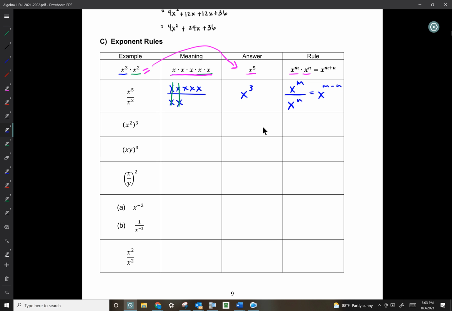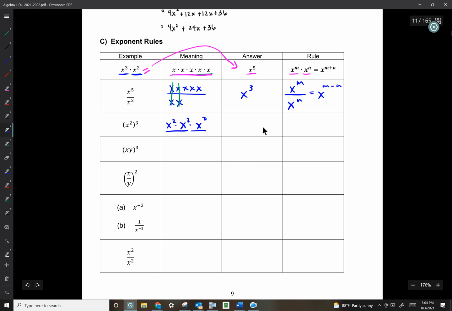The next one, so I have an x squared and that's being cubed. Well, if I'm cubing an x squared, that means multiply x squared times itself 3 times. According to what we learned in the first example, whenever you multiply the same base, you add your exponents. So if I multiply those and add my exponents, I'm going to get x to the 4th.